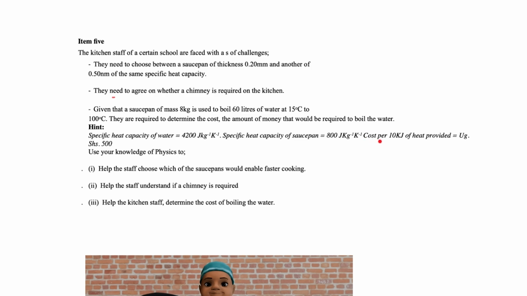The cost per 10 kilojoules of heat provided is equal to Ugandan shillings 500. Using your knowledge of physics, you have been given the tasks below, and our task is the first one: help the staff choose which of the saucepans would enable faster cooking. Okay.